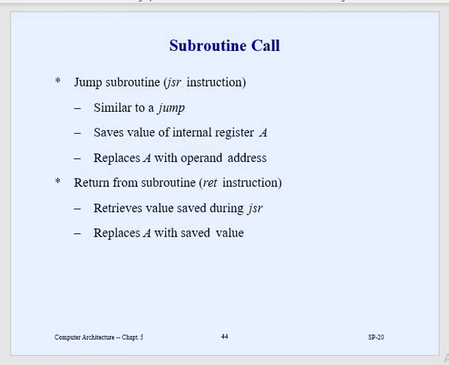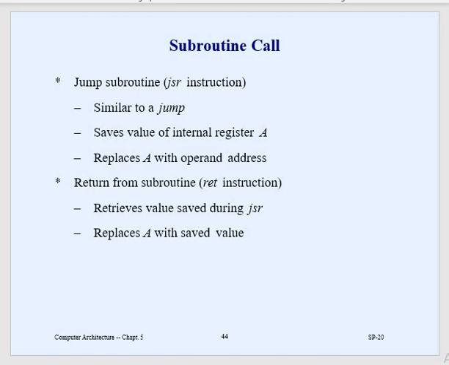When we called the subroutine, the computer had copied and saved the internal register A contents. So when the return from subroutine command or the RET instruction is given to the program and to the computer, it retrieves the value saved during JSR, and replaces A with the saved value, and A means the address register.